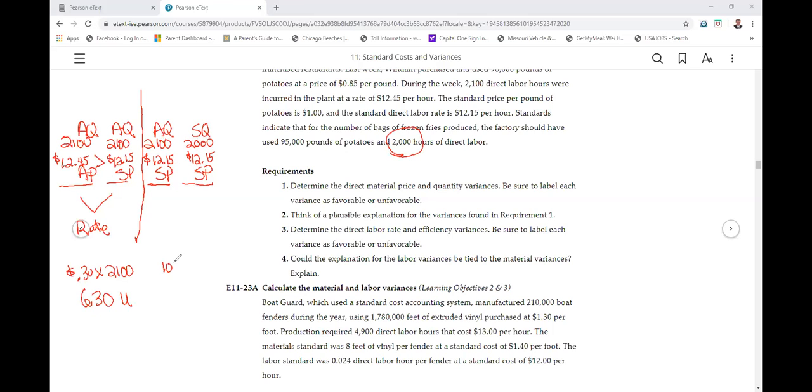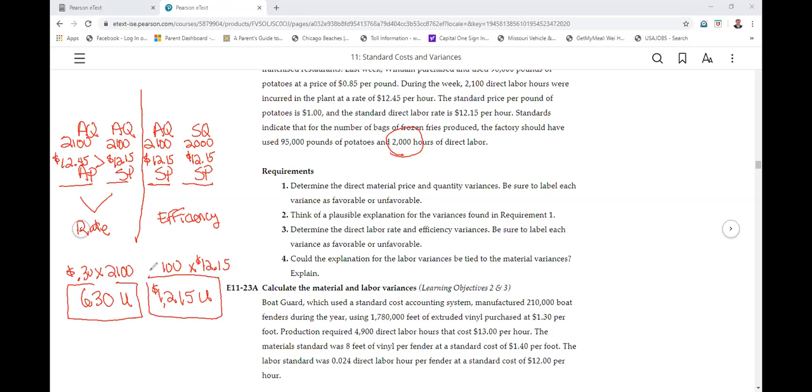So if you took 100 hours, multiply that by $12.15, that's going to give you right at, again, I'm going to write this efficiency so you know I've got this labeled correctly, that's right at 1,215 unfavorable. There you go. So I'm just going to put a box around these two answers. Those are both your variances for labor.